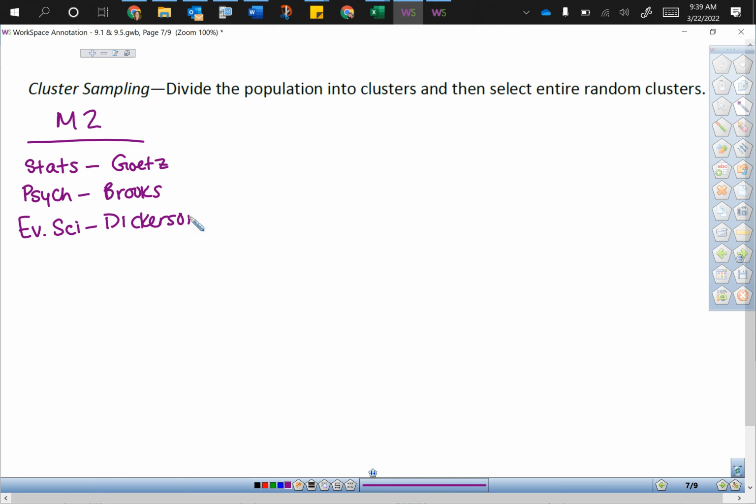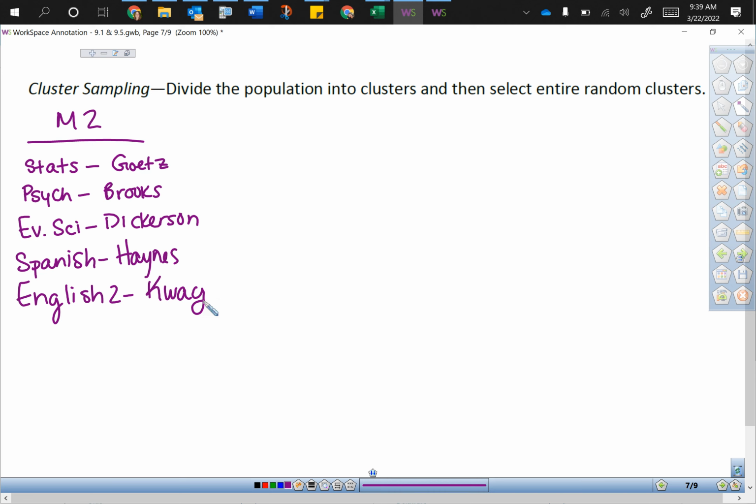I don't know if these are real classes. I'm just kind of making them up. There's a Spanish class with Haynes. And then maybe there's an English 2 class going on with KWAG. Okay? So that would be a natural cluster that's happening. Right now we would be considered a cluster.